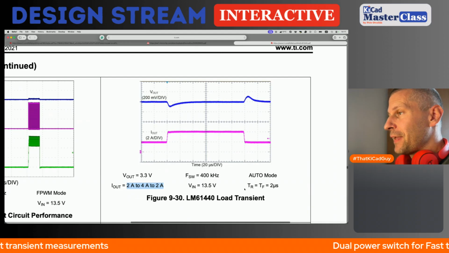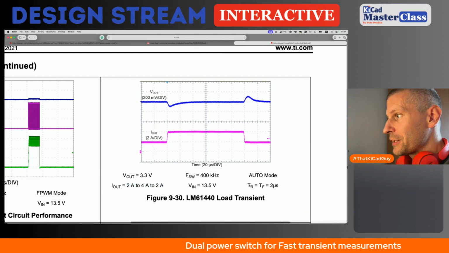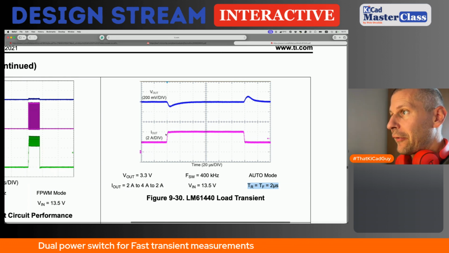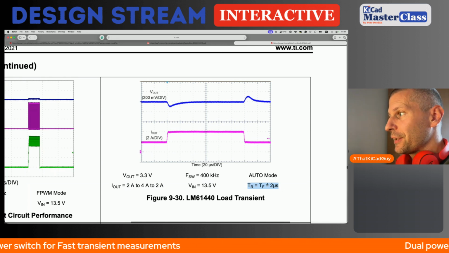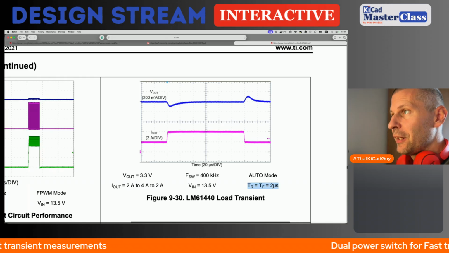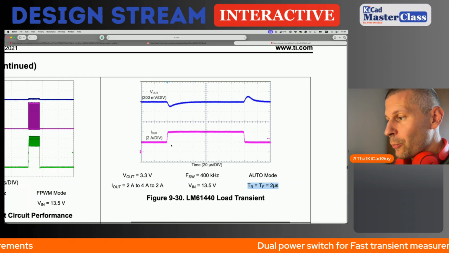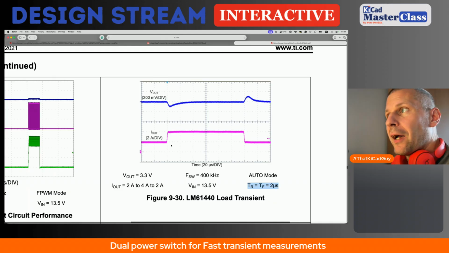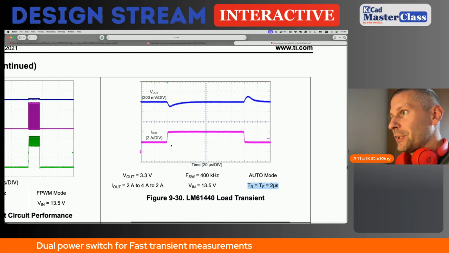the rise time and fall time of the current step characteristics was 2 microseconds. So it means that 2 microseconds is something like the minimal time that we can consider.